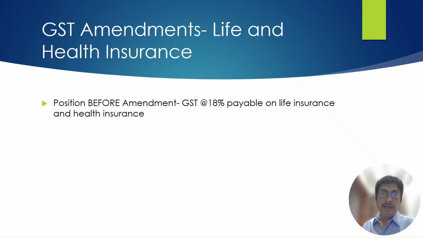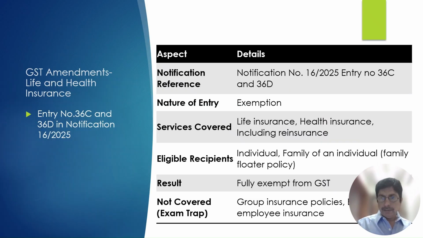Now there is an amendment relating to the exemption in case of life insurance and health insurance. What is the present situation? If you are taking any life insurance or health insurance, GST at the rate of 18% is payable. Correct? Now there is an amendment.